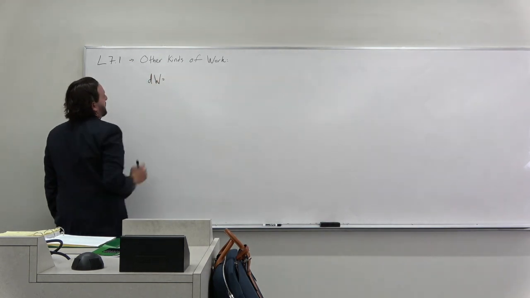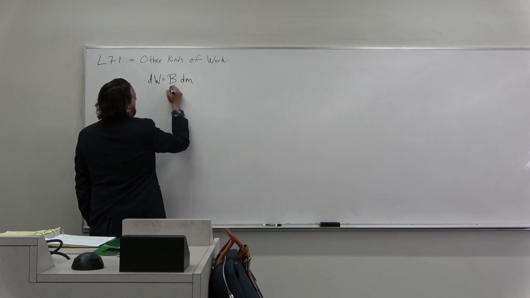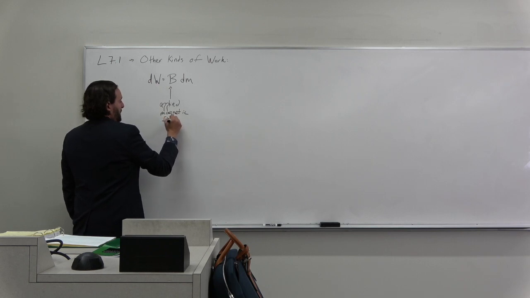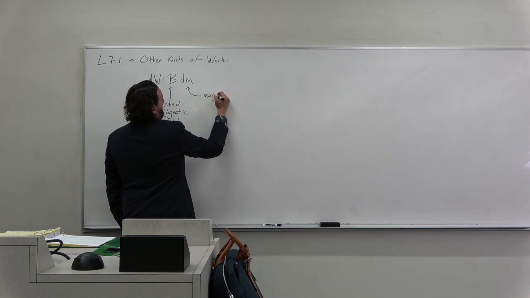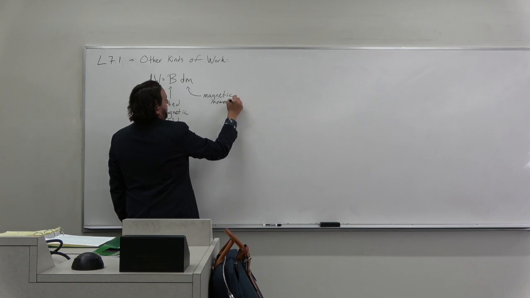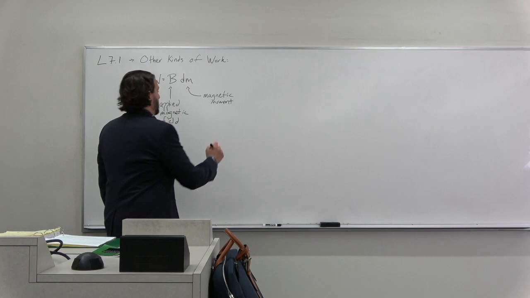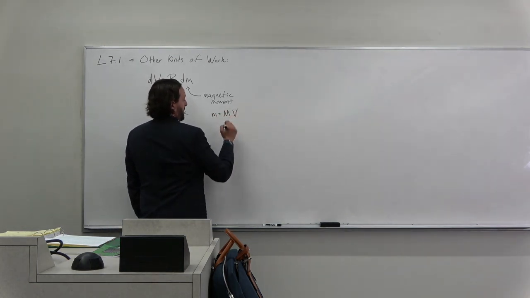And there the work would be B times dM. So B is the applied magnetic field, and M is the magnetic moment, which is defined as the magnetization times the volume.